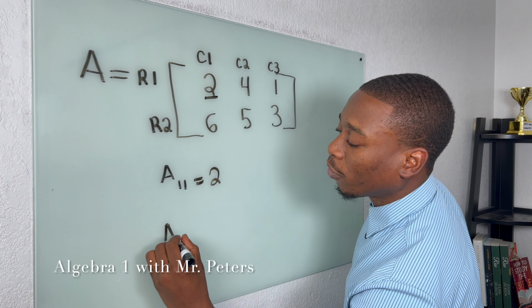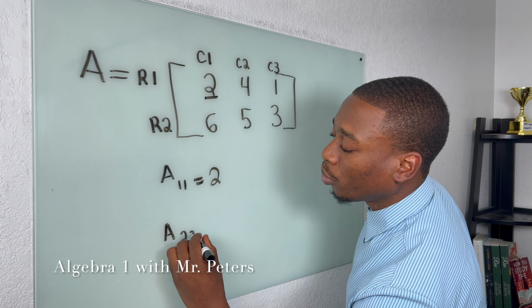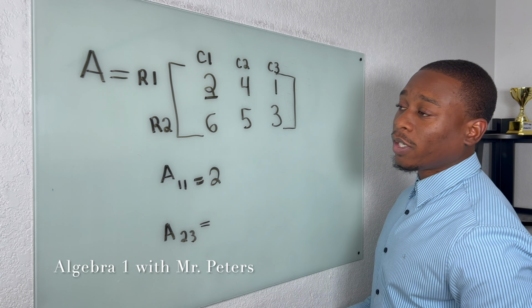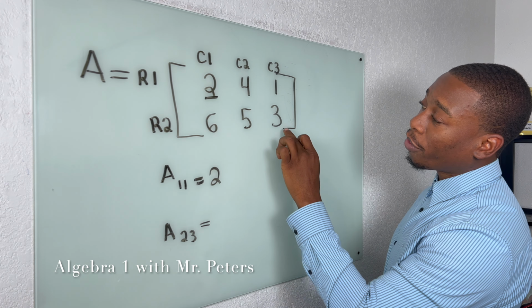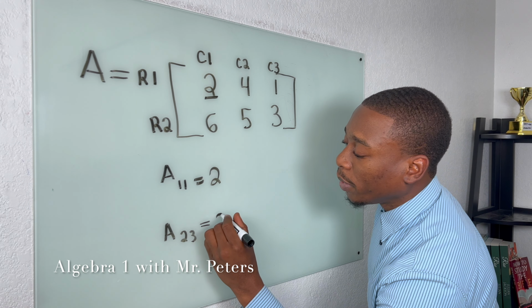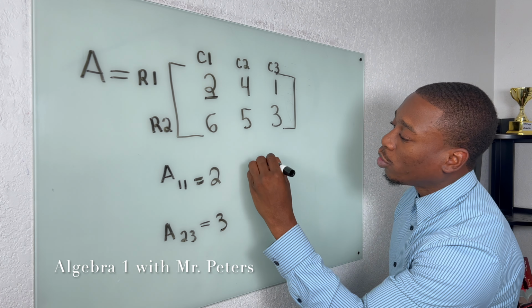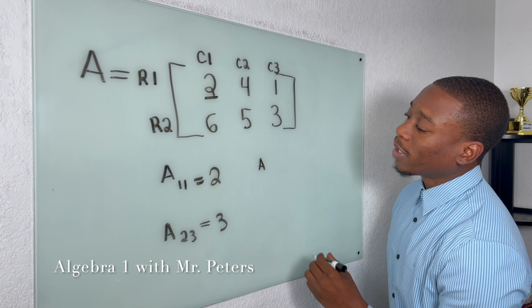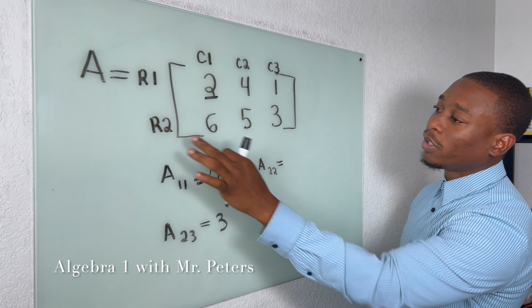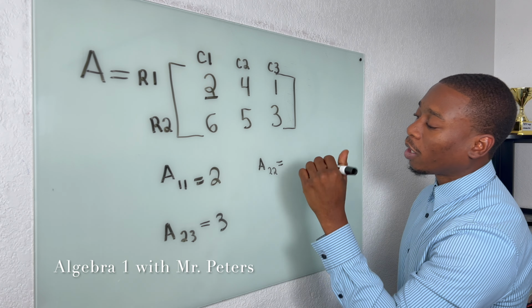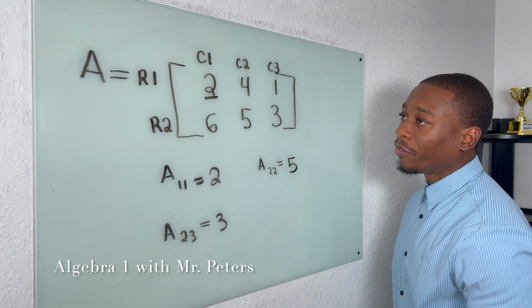Let's say they ask us for A23. So what they're saying is, hey, what element is in the second row, third column, which would be 3. And then just to do one more, we're going to say, what is A22? Meaning second row, second column, which would be 5.